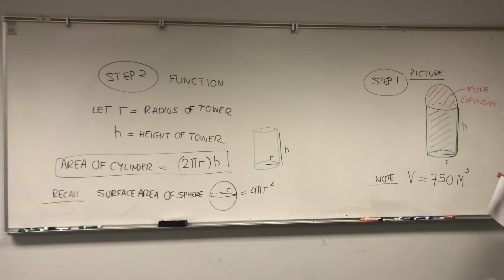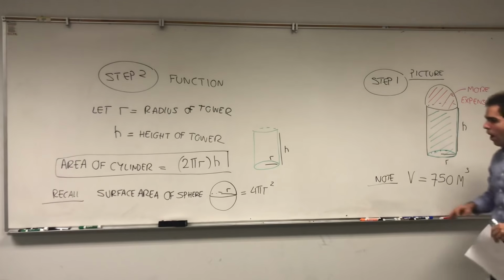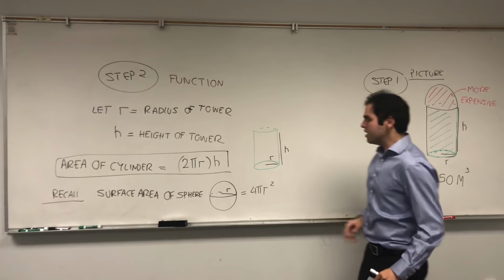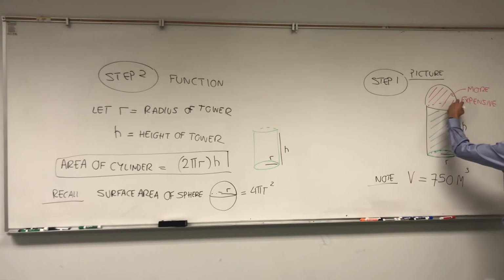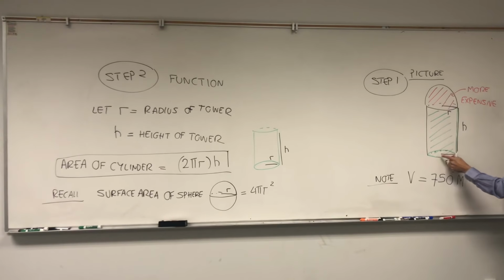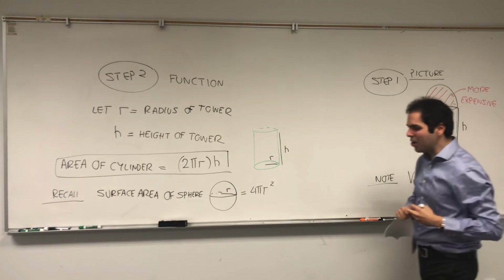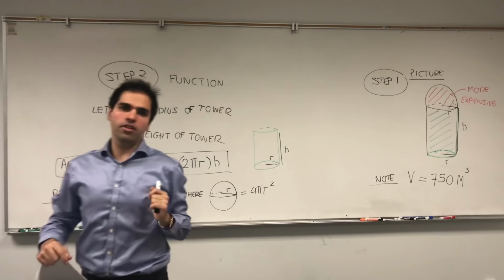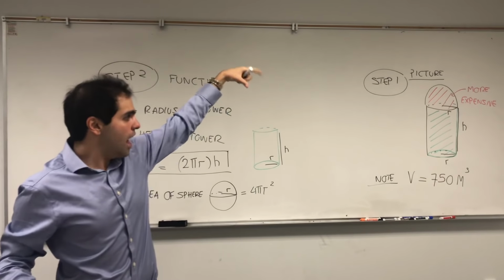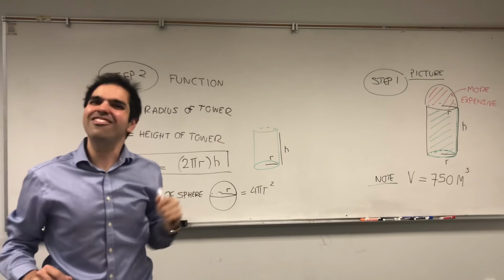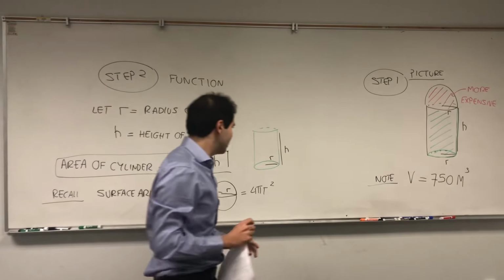Now, a couple of things. Why did I write r here? In theory, it could be a different radius, but notice the radius here is the same thing as the radius on top. And that's actually very good information, because now we know that for this hemisphere, we don't need to define a third variable for its radius.